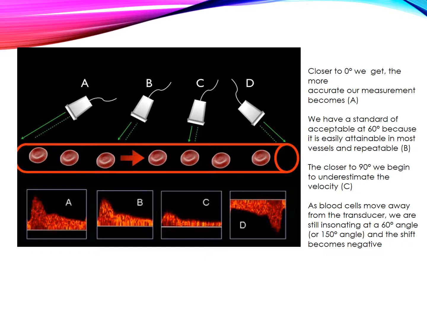So A is going to show us an inclination that's probably closer to maybe like a 30 degrees, but getting towards that 0, that true angle of inclination. And we can see that we've got a nice high velocity on A. That is going to be more accurate than anything further away from 0. B, however, is probably showing us our typical angle that we're showing coming in at the blood.